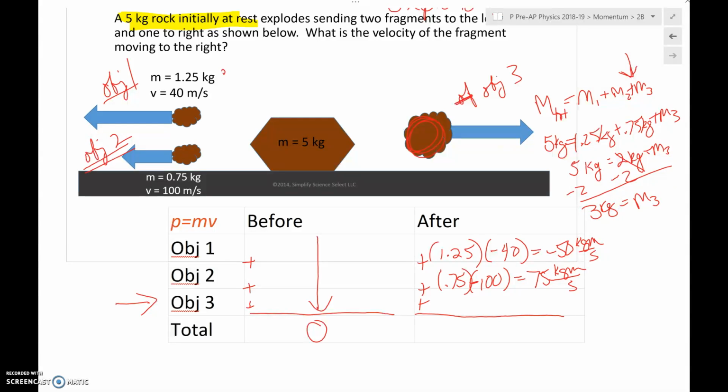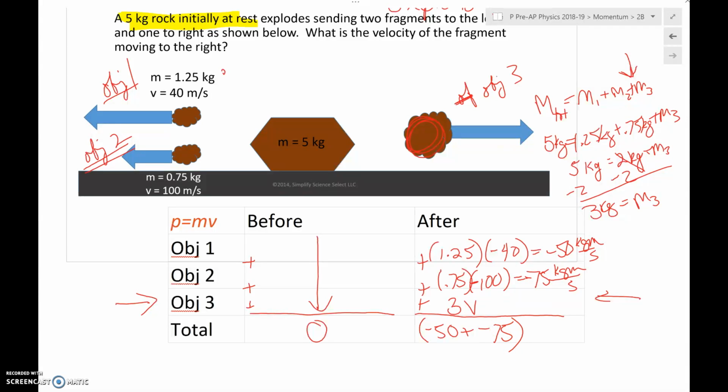So back into here, we're going to take our mass of 3 kilograms and multiply it by some unknown variable v. Now when I add these up, I have to use the same sort of logic that we do in algebra. You have to do like terms. Our like terms are -50 plus 75.